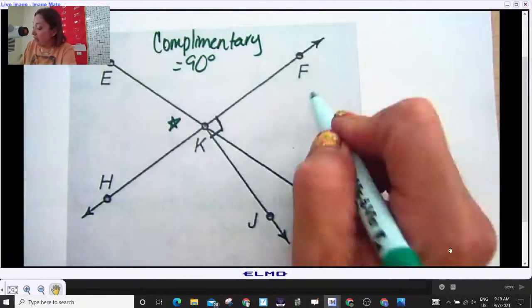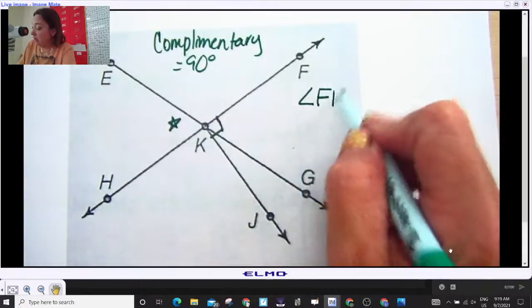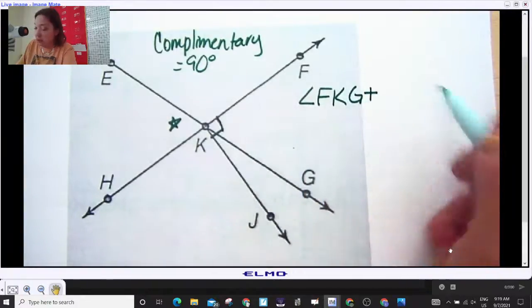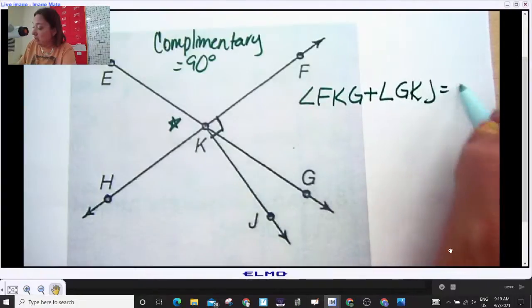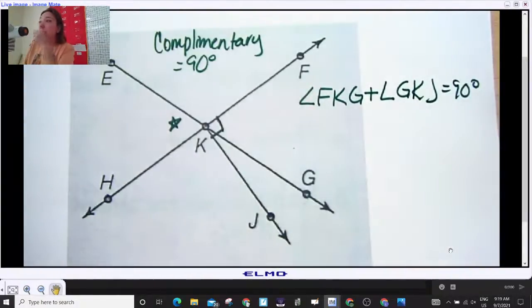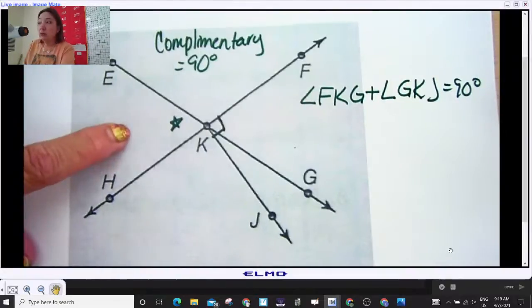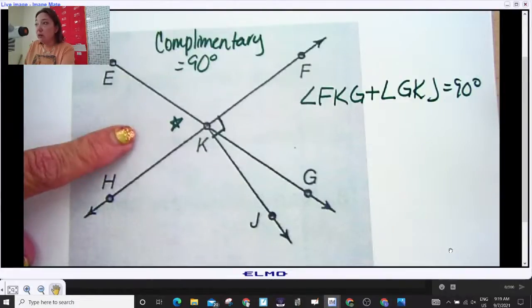We know that angle FKG plus angle GKJ equal 90 degrees. We know that. But that's not this angle. But what do I know about this angle?